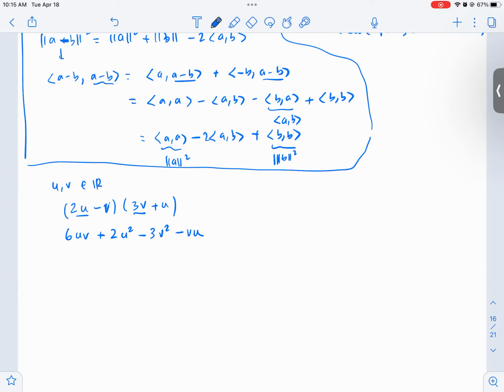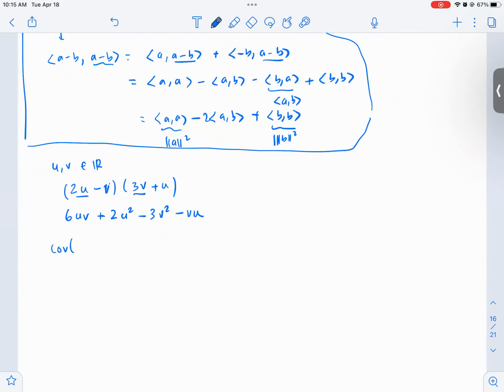The same goes if I have the covariance of 2u minus v and 3v plus u. You can just ignore the covariance, assume that it's just a product.